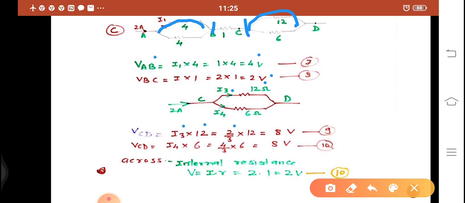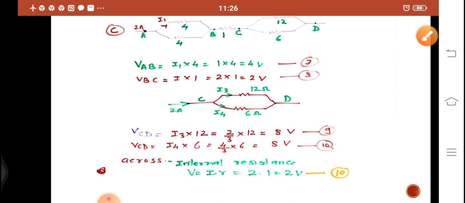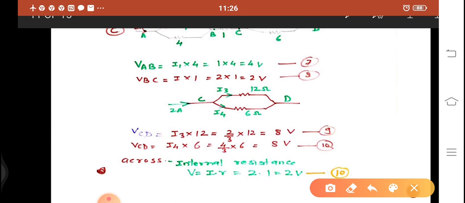And what is I3? 2 by 3. So it is 8 volt. Then I4 into 6, 4 by 3 into 6, it is 8 volt. So here we have 8 volt potential drop, here 2 volt, and here 4 volt. So how much does it become? 4 plus 2, 6, 6 plus 8, 14. And 2 volt potential drop across internal resistance.